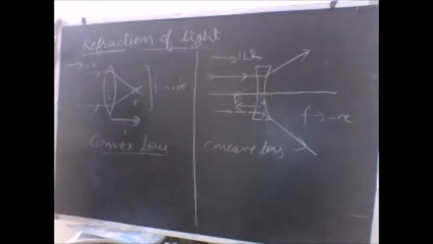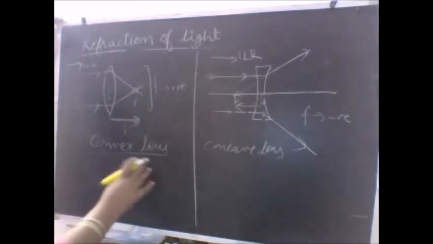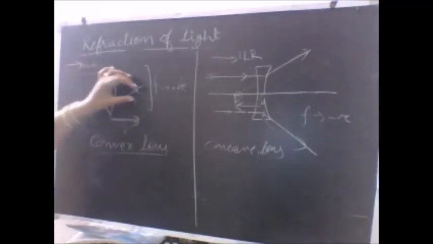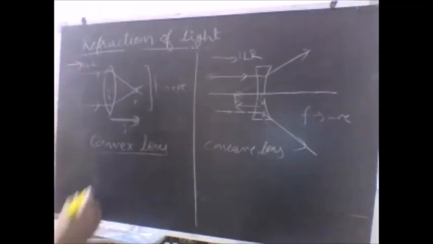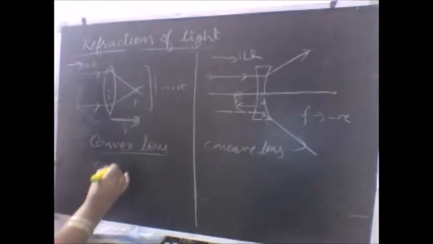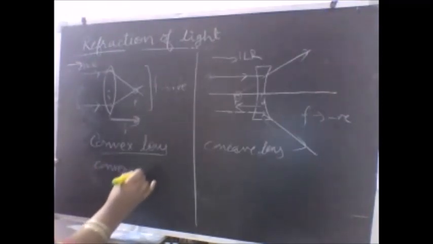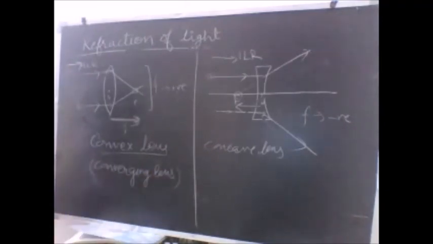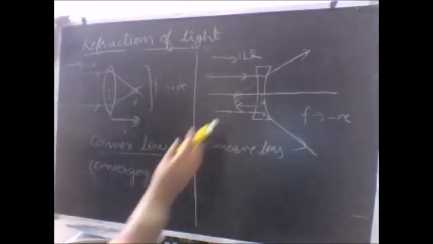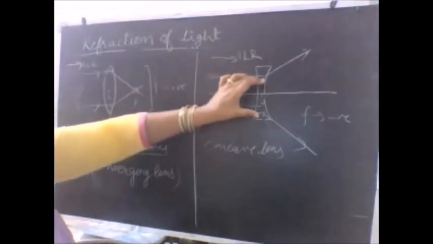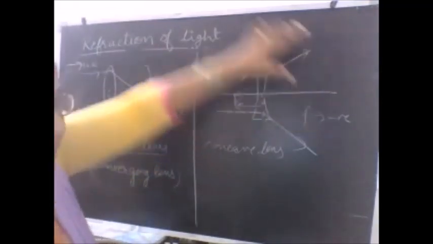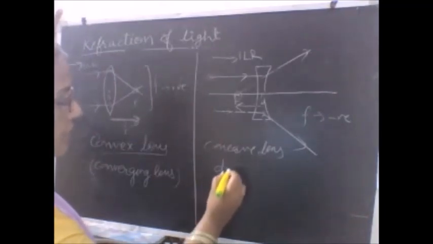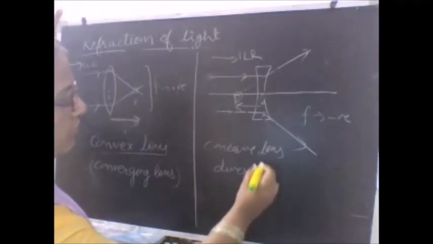One more point that you all should remember is that convex lens, since it is converging the light rays at one point, we call this lens at times as converging lens. And here in concave lens, since the parallel light rays are diverged, moving away from the principal axis, we call this concave lens as the diverging lens. It is exactly similar to the mirror also.